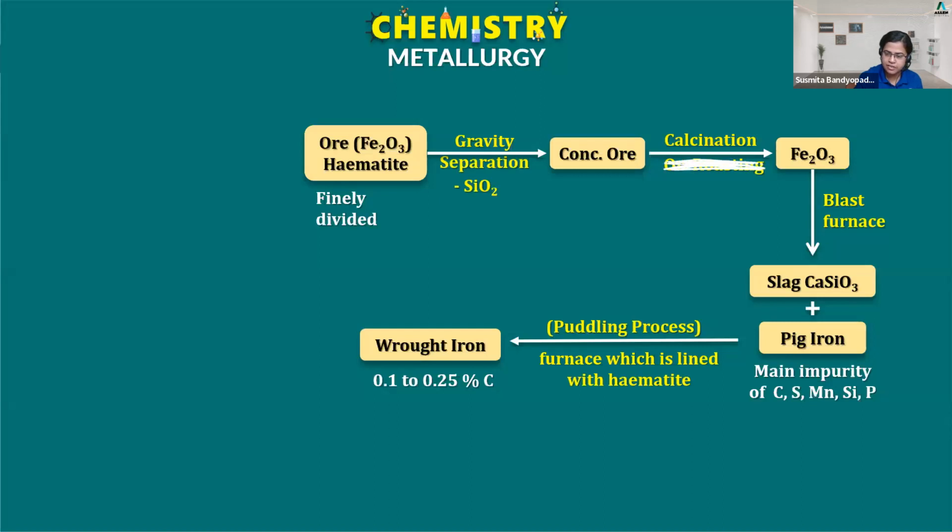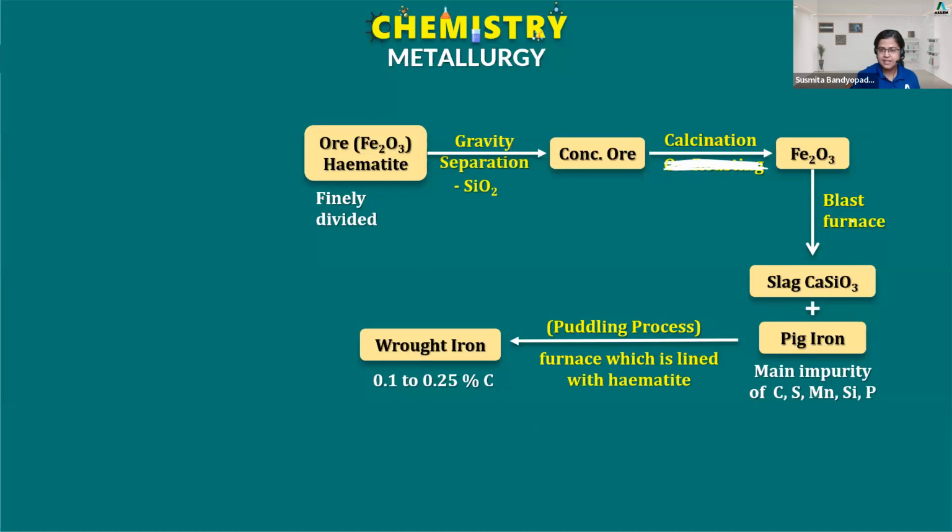Roasting is for sulfide ores. For oxide and carbonate ores, calcination, where you lose moisture, and the organic and inorganic impurities form their volatile oxides and go off. So after calcination you obtain Fe2O3.